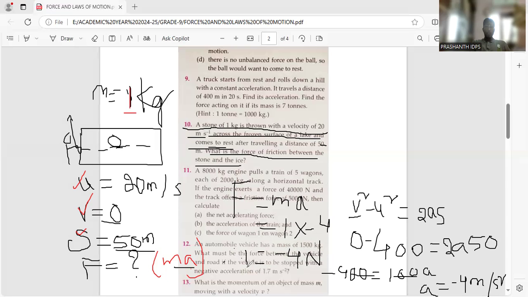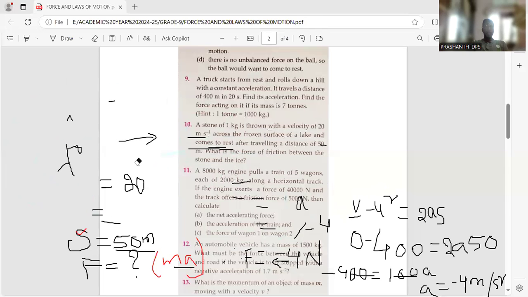So therefore, force of friction is equal to minus 4 Newton. This minus represents that the force is acting in the opposite direction of the motion of the body. Because here the person is throwing the stone on the frozen lake, the stone goes in the forward direction and the frictional force acts in the opposite direction. So this frictional force acting between the surface of the stone and the lake is minus 4 Newton. This is the answer for the 10th question. Please note it down.